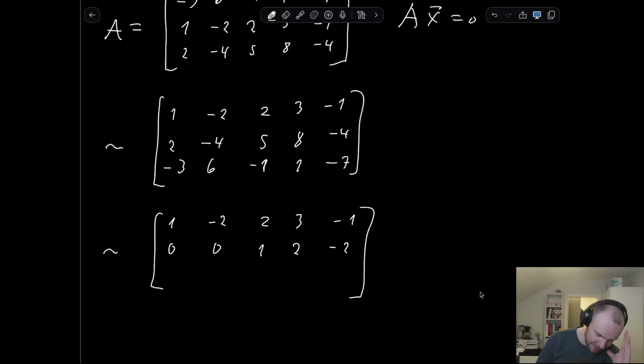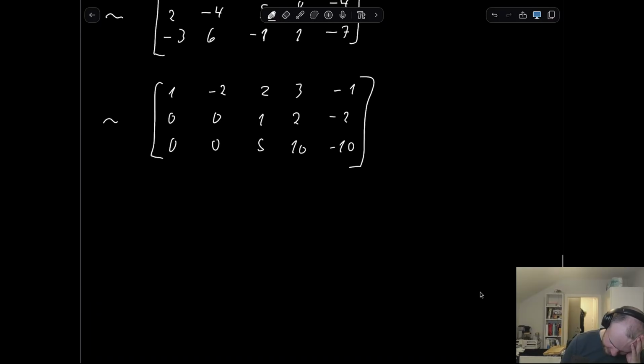We do the same thing, but multiply by 3: 0, 0, that's 6, minus 1, that's 5. Multiply by 3, that's of course 9, then I get 10. Multiply by 3, that's of course just minus 10, like that.